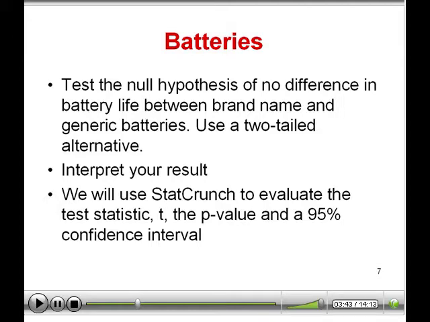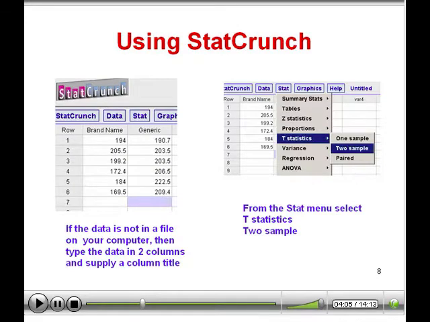In this significance test, we will be using a two-sided alternative, since prior to collecting the data, there was no compelling reason to believe that one type of battery might have a longer life. Our job will simply be to correctly interpret the results. The first step, of course, is somehow to load the data. Next, we select the t-statistic from the Stat menu and follow that up by selecting two-sample.